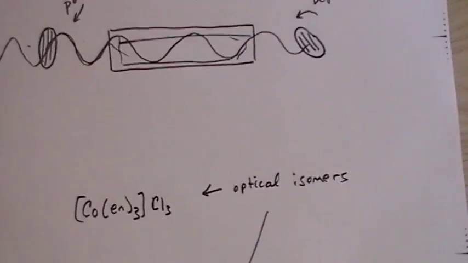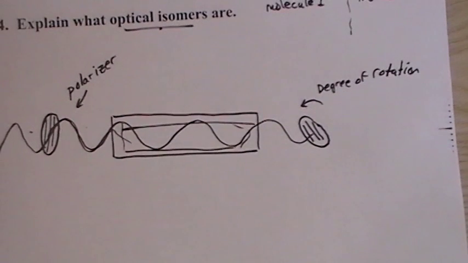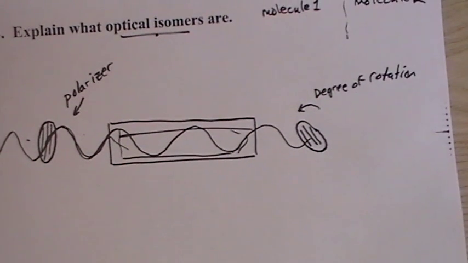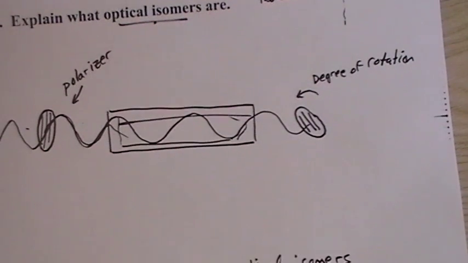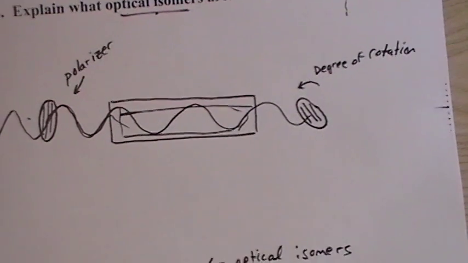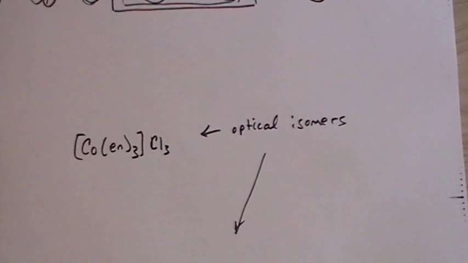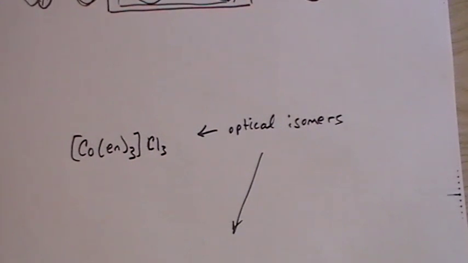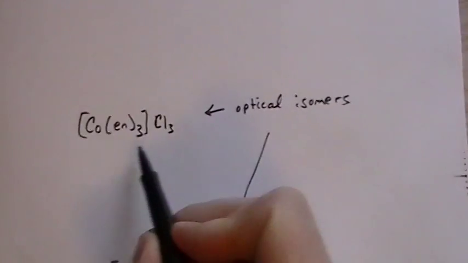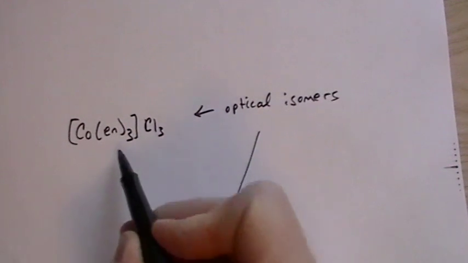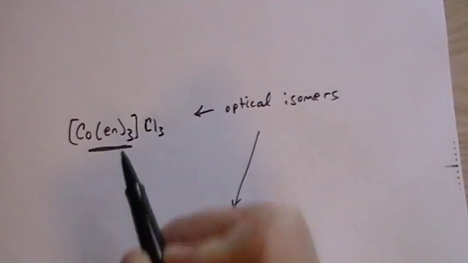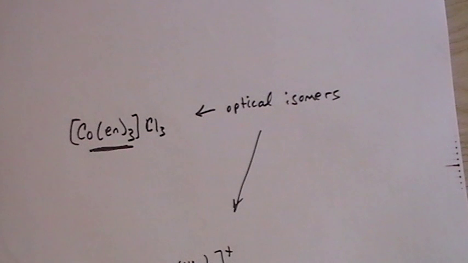In organic chemistry, there are lots and lots of these types of molecules, really hundreds of thousands, maybe millions of them. In this type of chemistry, though, there are very few that we can deal with effectively without learning a whole bunch more. The ones that will be optical isomers are the ones that have 3 ethylene diamine ligands on them.